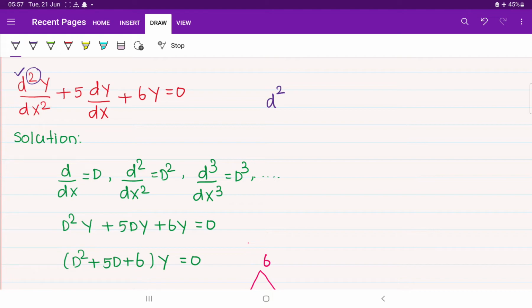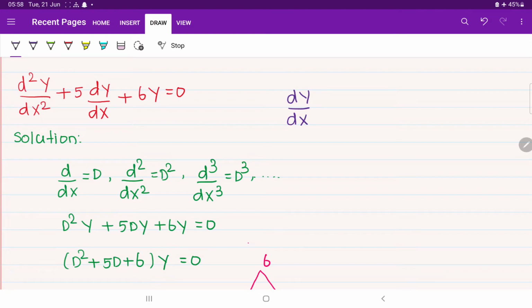Here is an example. Before looking into the solution for the given question, let me tell you, in case of higher order differential equations, we will have two types of solution. While obtaining the complete solution of a function, how do we write this? Even in a first order differential equation, it will be written like dy by dx.